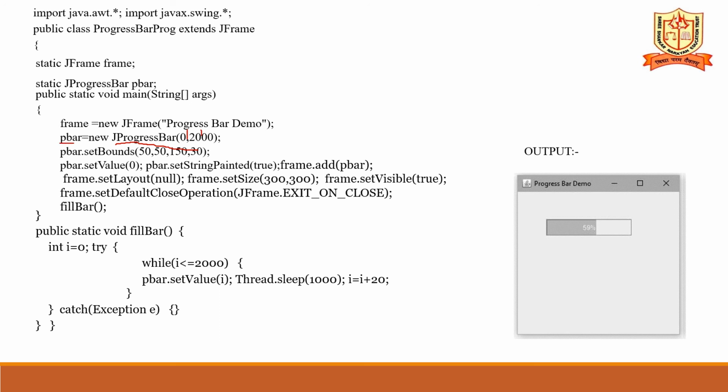This progress bar object is PBAR. So here you are adding this progress bar to the frame. But to make this work, we have to write some code, that is, we are adding a delay by using the sleep method. So in detail, in the practical, we will see how it works.